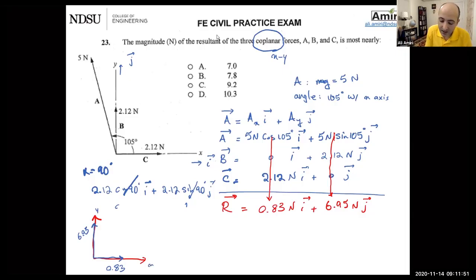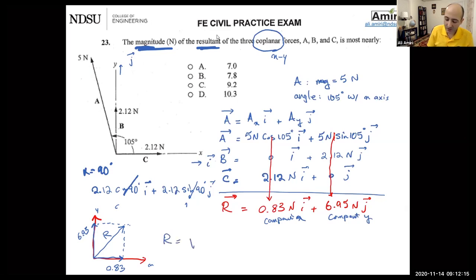It wants the magnitude of the resultant. To find the magnitude, I have to use the Pythagorean theorem. These are the components, component I, component J. The way to do that is the magnitude R is just going to be the square root of the sum of the squares of those two, 0.83 and 6.95.